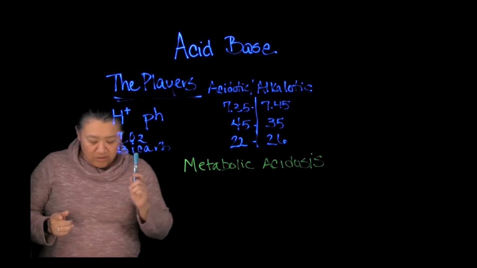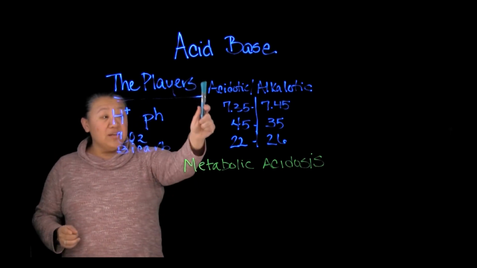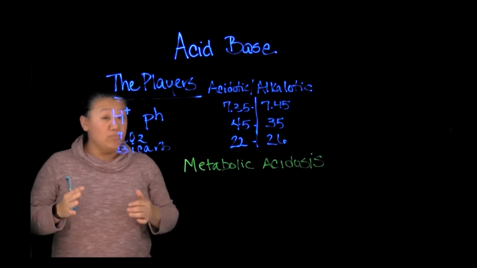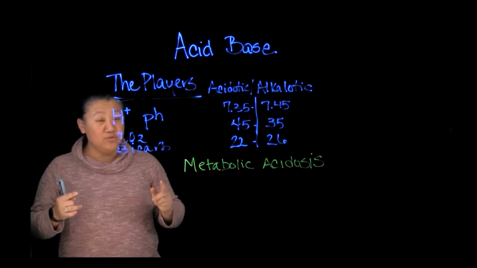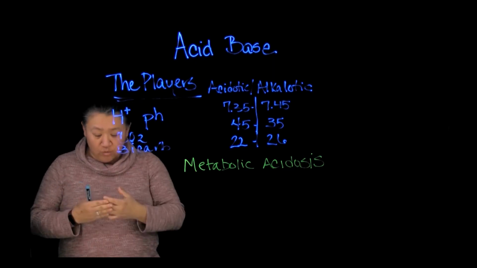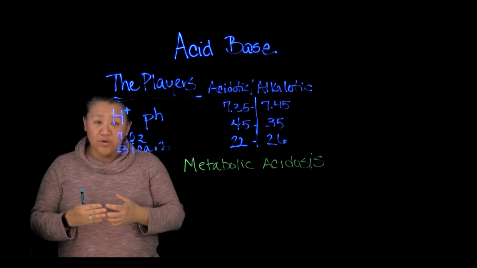Now, a couple of things to consider, okay? When you're acidotic, instead of memorizing, don't memorize, because we said on day one, we don't do memorization. When you're acidotic, you have to think you actually have too much acid. So what do you have to really do?